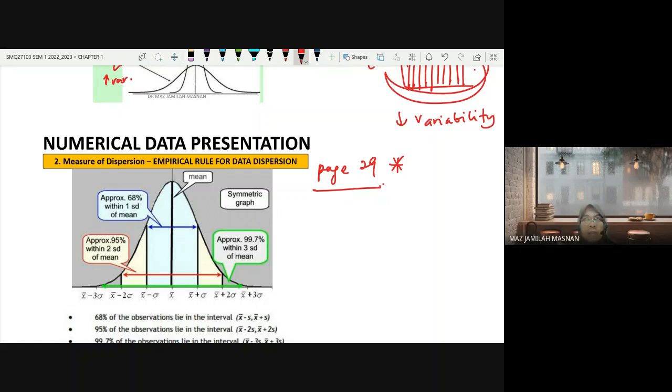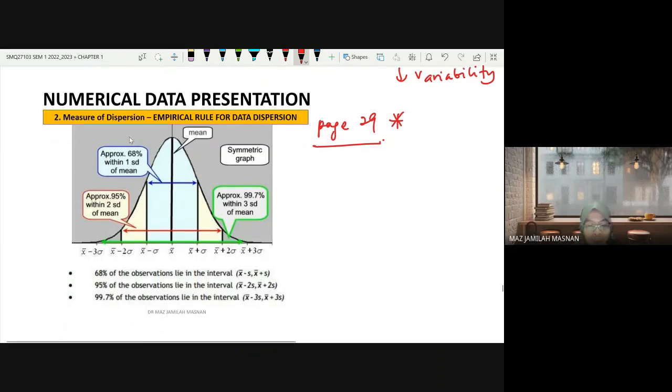Okay, how? Let us look at this particular figure: measure of dispersion, empirical rule for data dispersion. What does this empirical rule tell you?